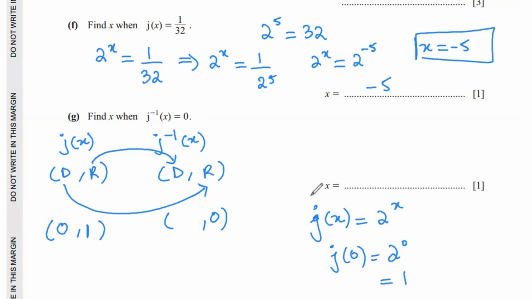So the range for the domain of x equals 0 for the original j function is 1, which means the domain over here will be 1. So you can easily find the domain and range for the original using the inverse function, vice versa, if you remember this concept. The domain and range of the original function becomes opposite for the inverse function.